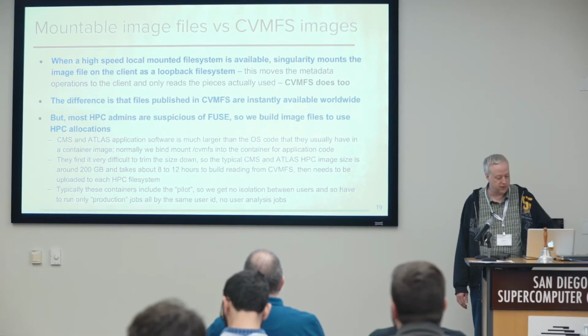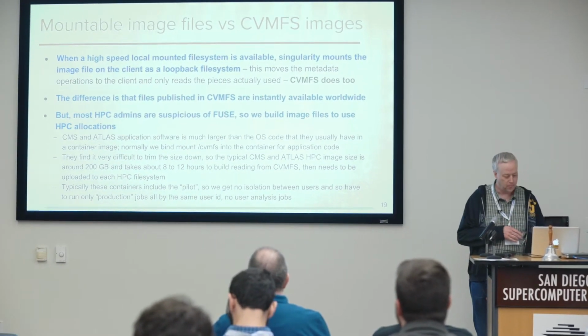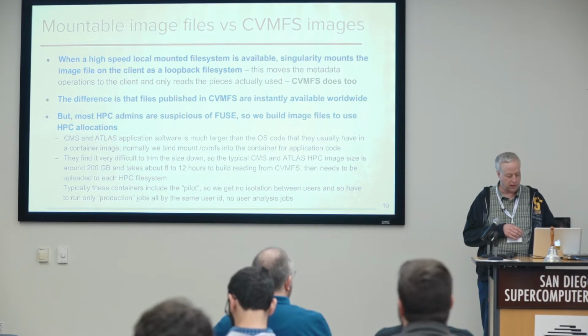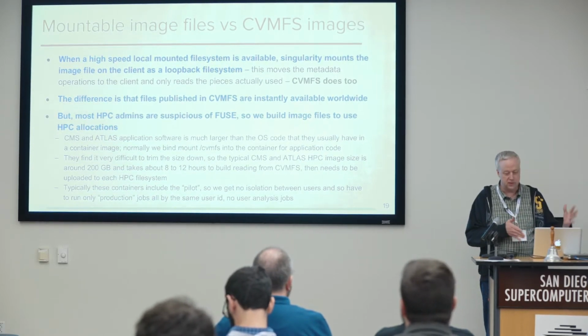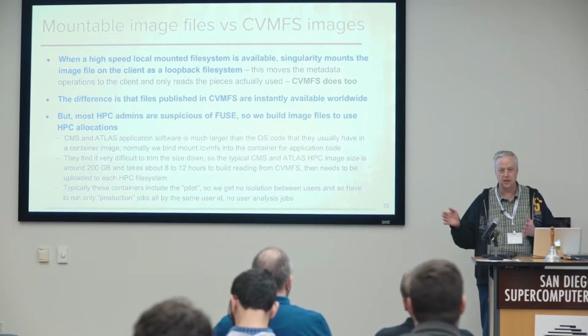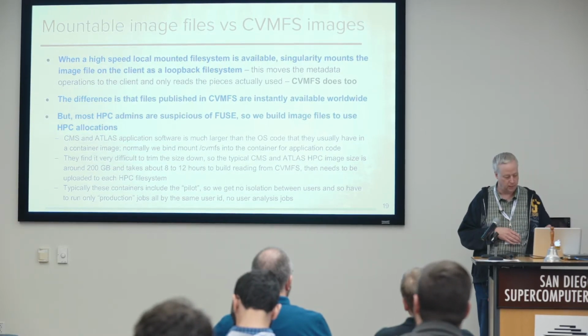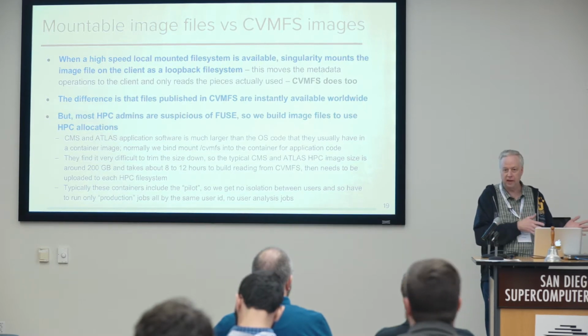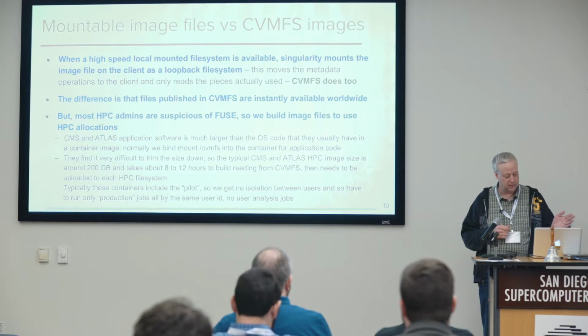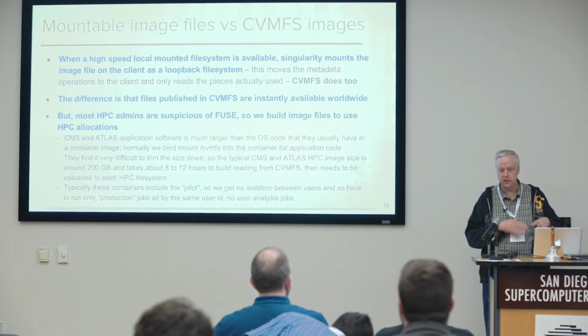Now, the application software is much bigger than the OS code. Like I said, normally we bind mount /cvmfs into the container and just use the application code directly out of there and not put it into the container. But for the HPC systems, we need to have it all in there. So both CMS and Atlas end up making about 200 gigabytes.